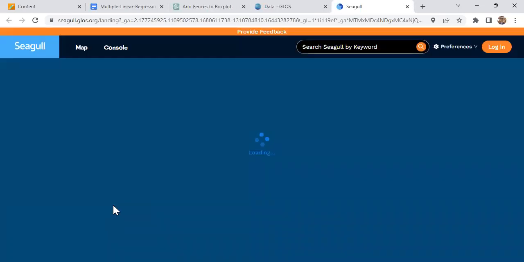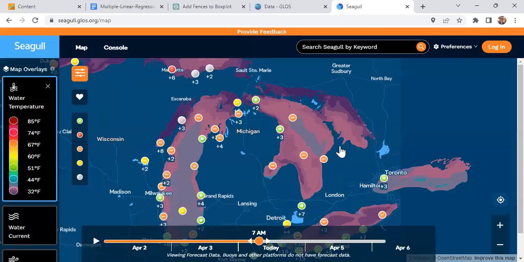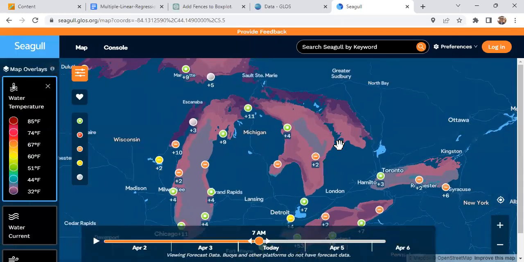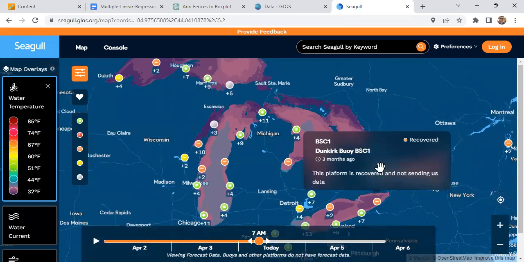They made this really cool map to showcase some of their data. So each of the points on here is a buoy where they're collecting data. They have buoys all throughout the Great Lakes, even in Lake Ontario over here by Canada.